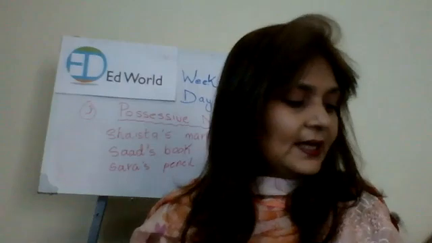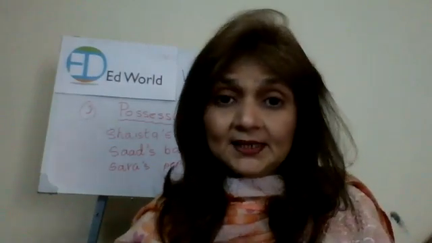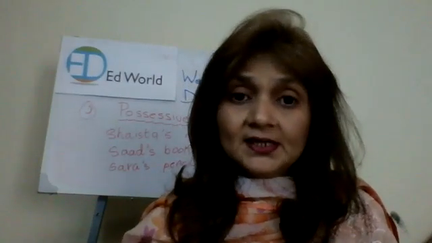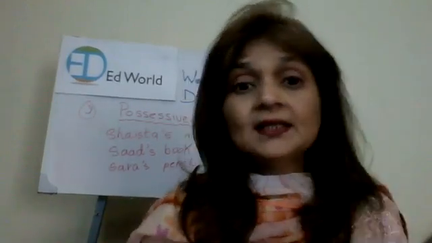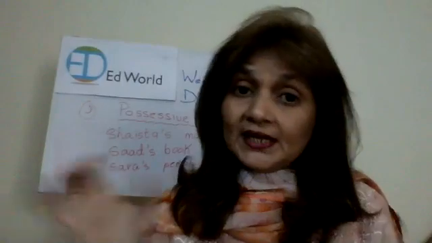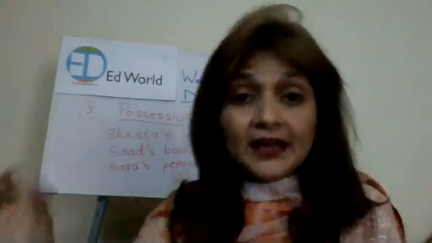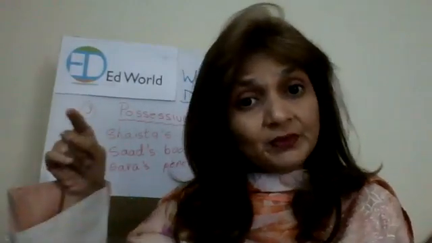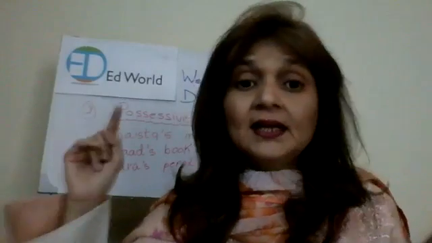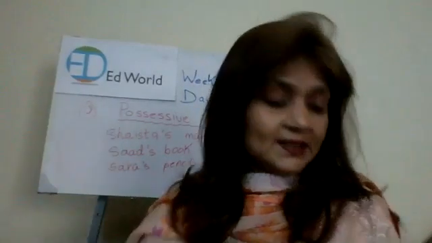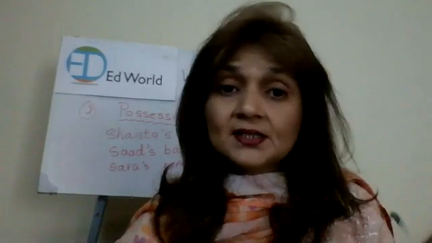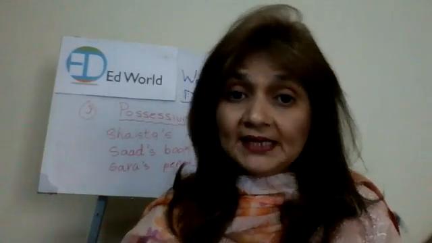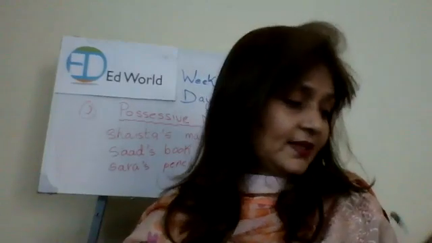Then Uncle Harry's cricket bat. Who is the owner of the cricket bat? Uncle Harry. So that is why it is written Uncle Harry's, the apostrophe with an S. Okay, number 6, Ben's snooker. Ben is the owner. Correct.